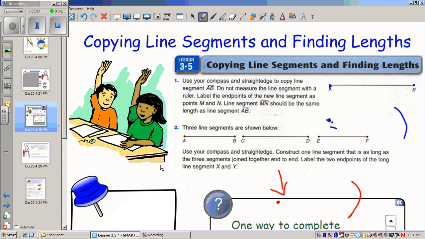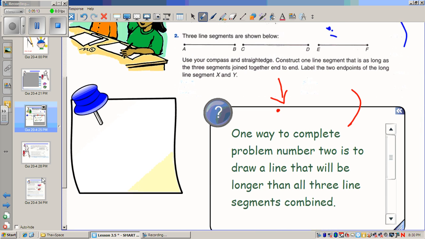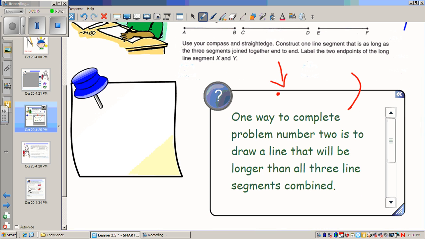But one trick with this, and something that I don't think many of us think about, is that if you draw a line that's longer than all three, that will help you a little bit because it will give you a vision and somewhere to start. Again, you're going to start your anchor on the very end, and you measure from A to B. Start with your anchor on the very starting point and swing your arc.